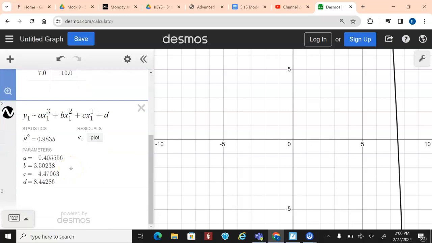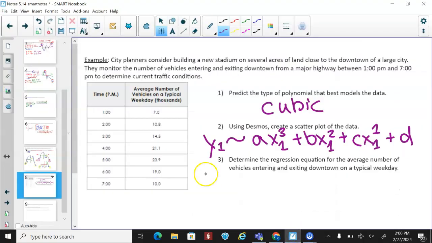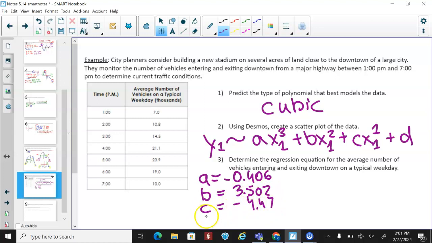We get these values right here, so I'm going to write them down. My a was equal, and I'm going to round it to the thousandths, to negative 0.406. My b equaled 3.502. My c equaled negative 4.47. And my d equaled 8.443.